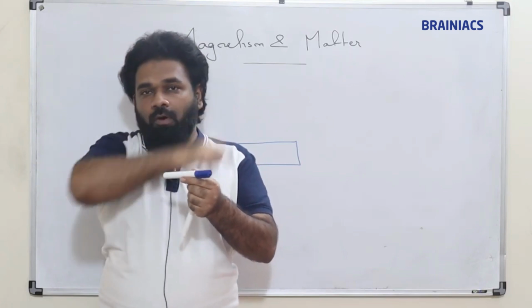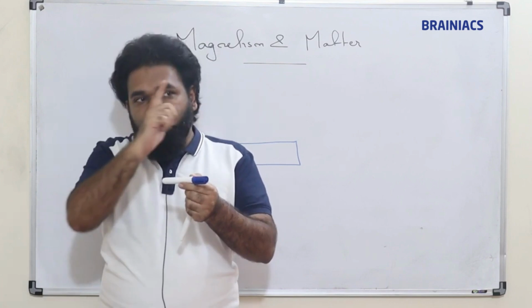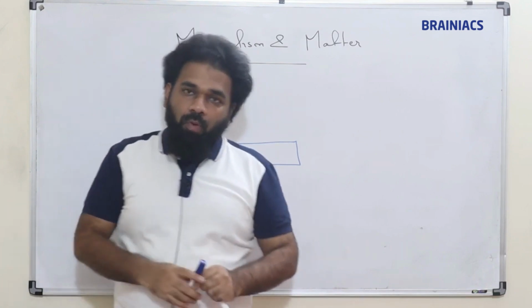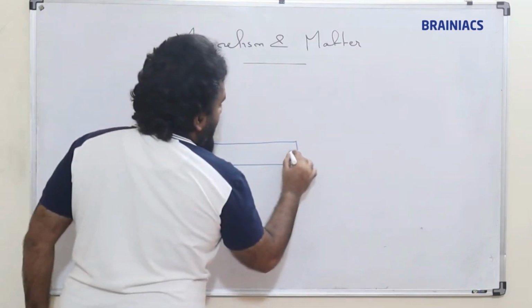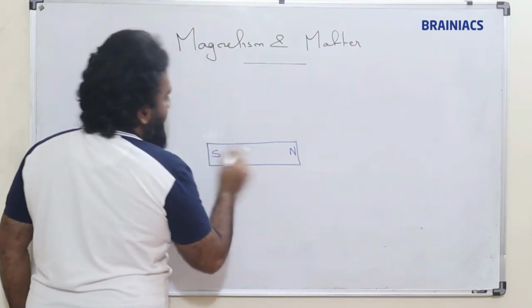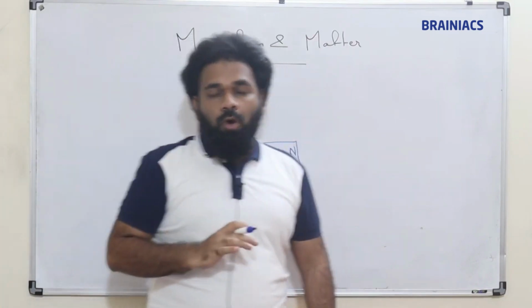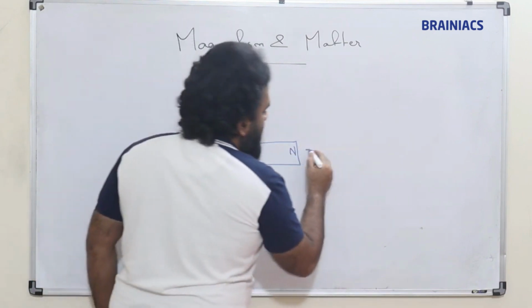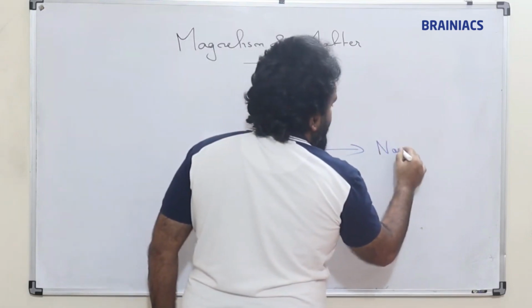Suppose that direction is north, then we can say this is the north pole. So the pole which directs towards north is called the north pole of a magnet.